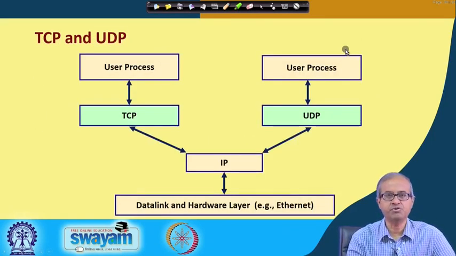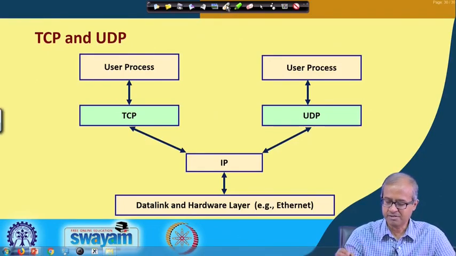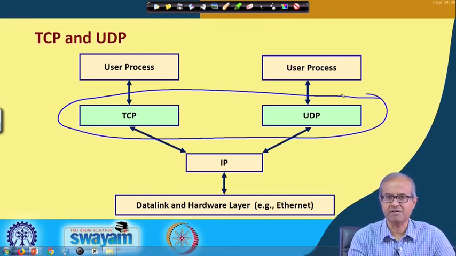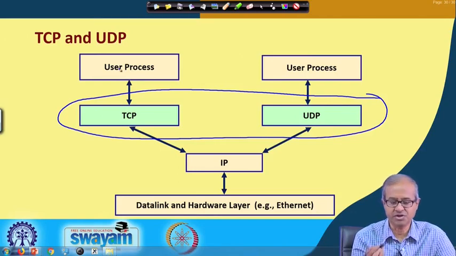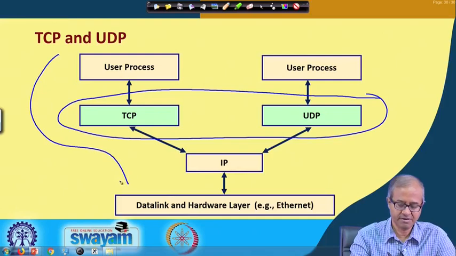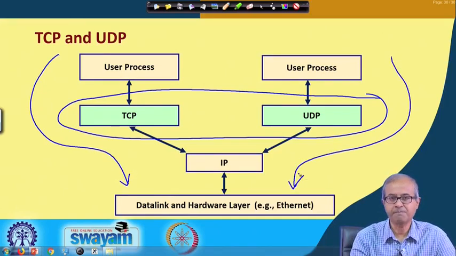Now, this diagram shows what I have just now said diagrammatically. So, this is where we are at the transport layer level. At the transport layer level we have two alternatives, either TCP or UDP. Whenever there is some user process which is running, there is a choice, it can either choose to use TCP or it can choose to use UDP.